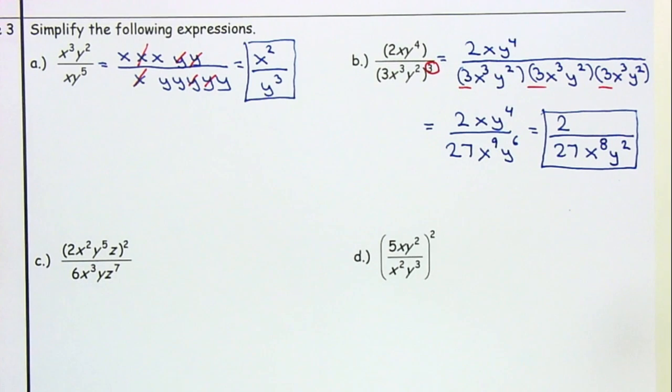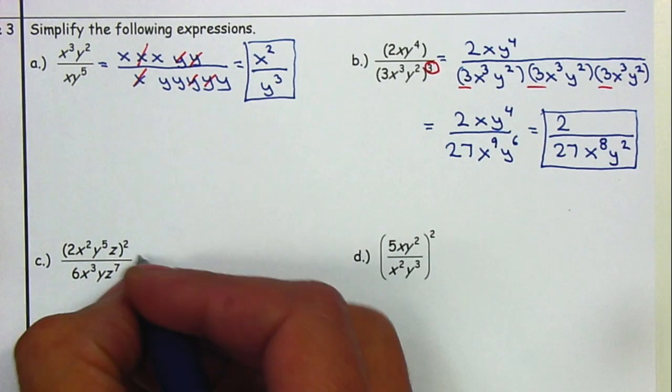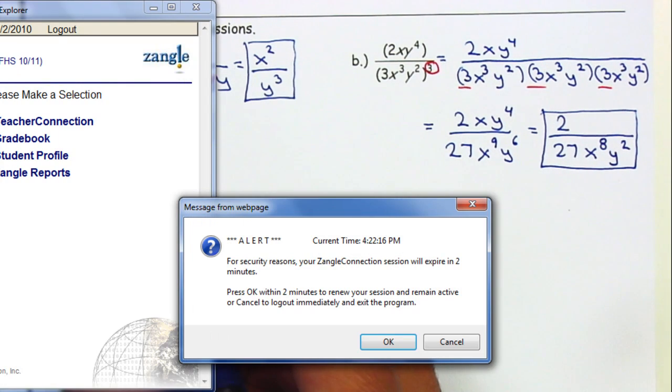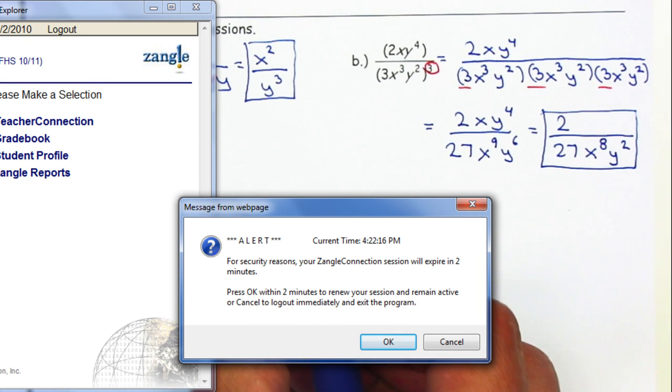Let's try letter C. If you notice, the top one has to be simplified. Because I have the exponent outside, I can expand it. So I have 2x squared y to the 5th and z. I'm going to rewrite it twice: 2x squared y to the 5th and z.